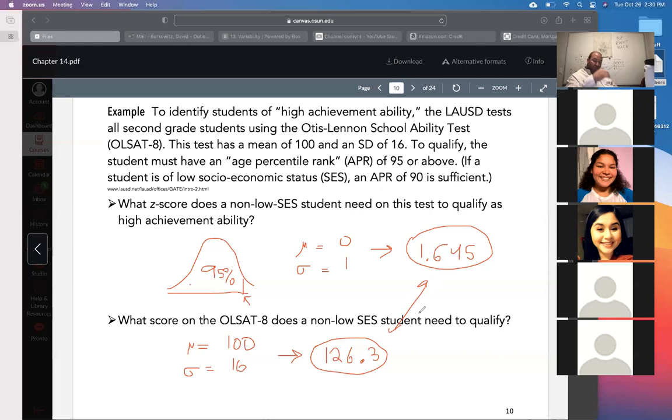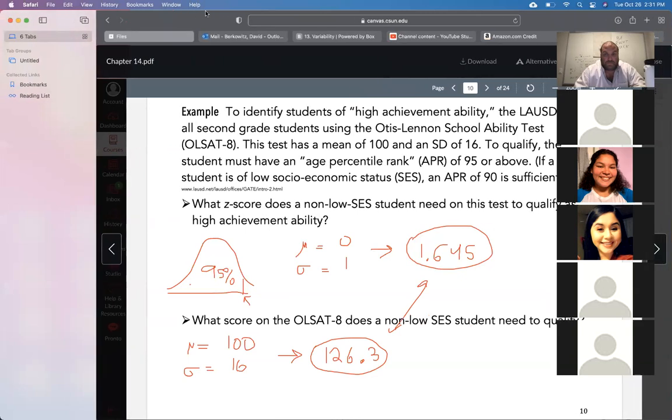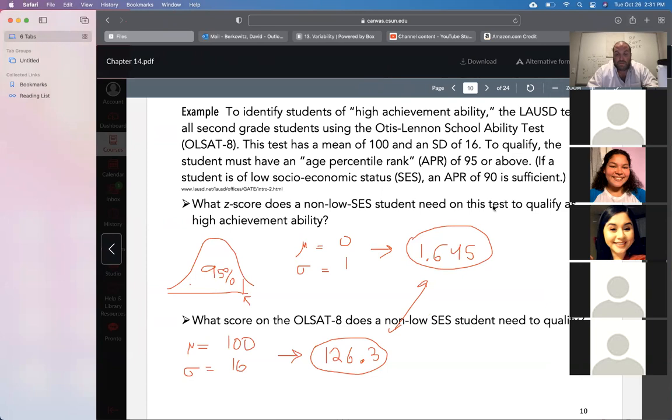How do I get from one to the other? What's the relationship between the actual score and your Z-score?